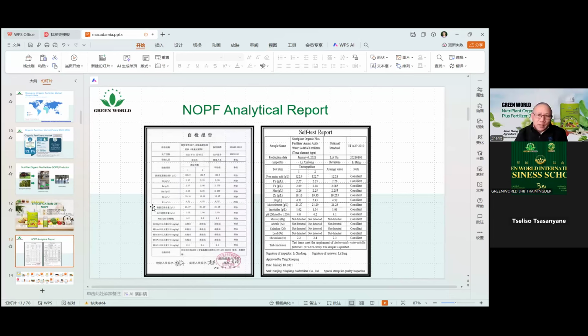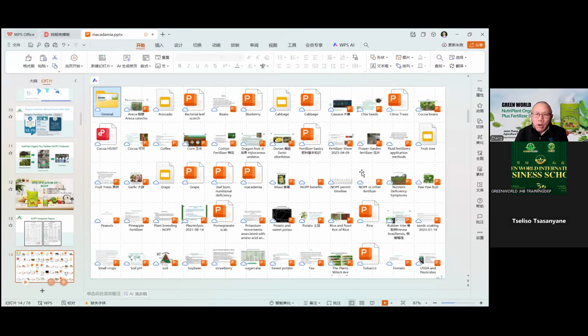And we have talked about a lot of specific topics in the past. Almost every crop we have discussed. Each crop is different. Each region, each location, each country is different.